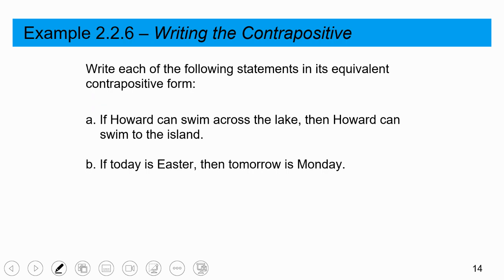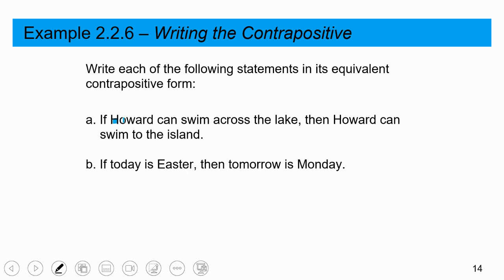Write each of the following statements in its equivalent contrapositive form. So remember, when you're writing the contrapositive, you're simply going to switch your hypothesis and conclusion and negate them. And I think if you think about it, you'll see how they are, in fact, logically equivalent.